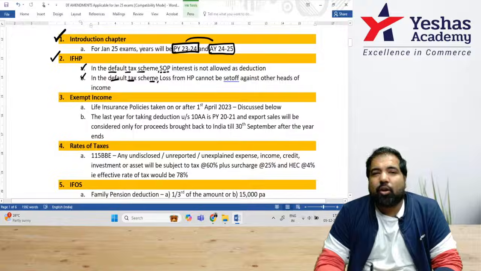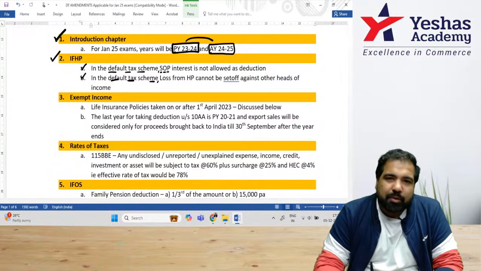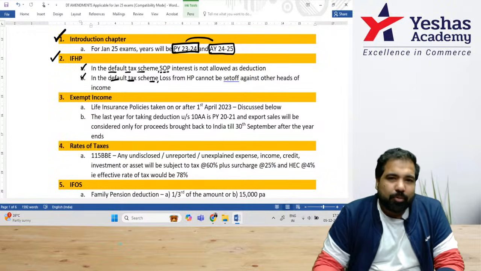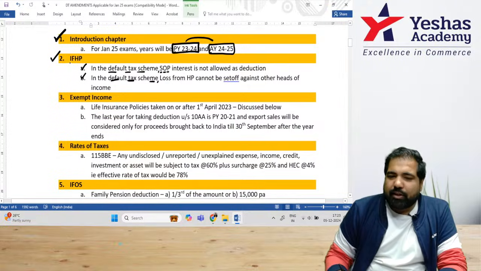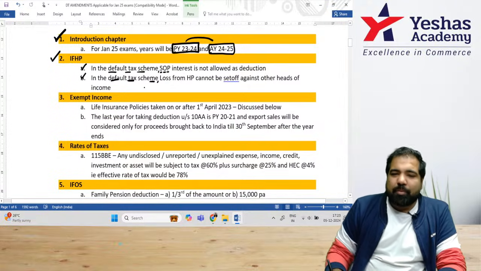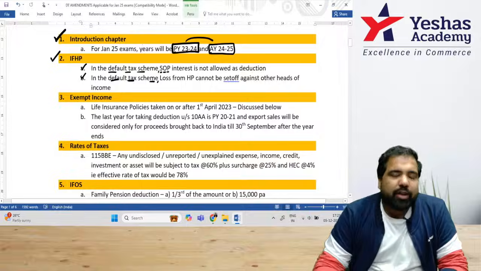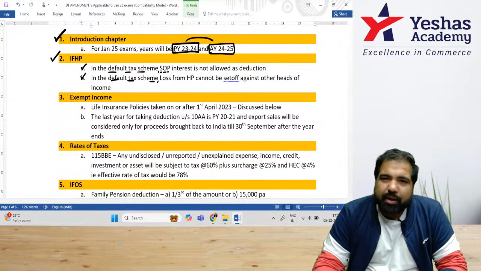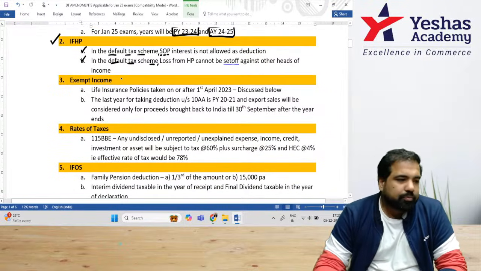That means it cannot be set off against any other heads of income. In our shortcut language, which you and I understand, income from house property has now become from friendly and shy to non-friendly. Keep these in mind, and both these changes are only in the default tax regime. Maybe we already know this, but this is important and this is amended, so hence I want to talk about it.